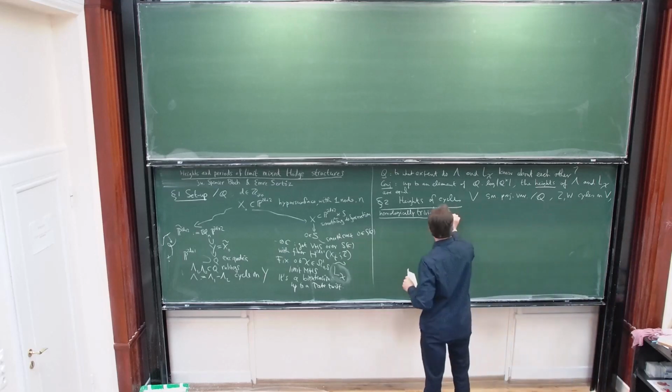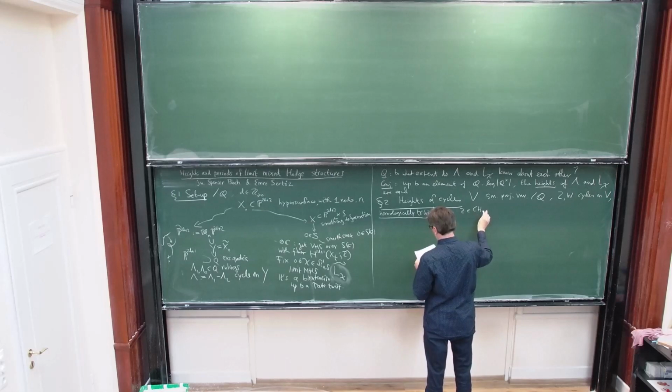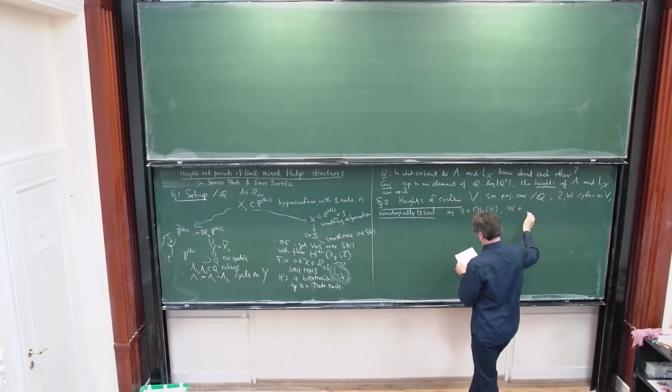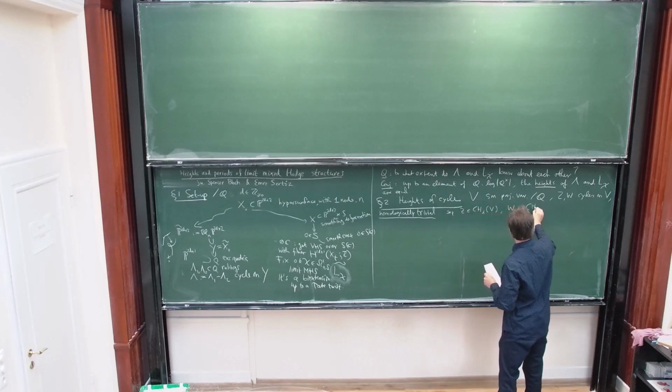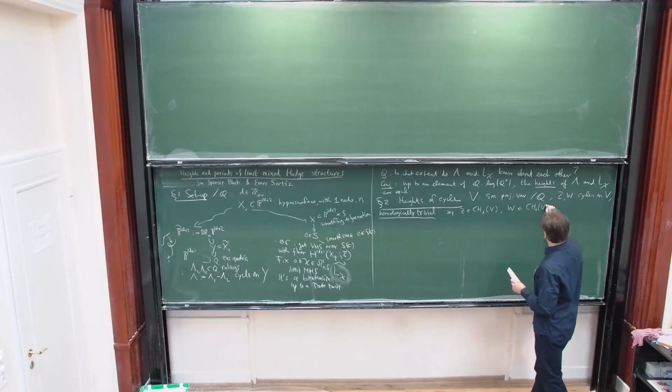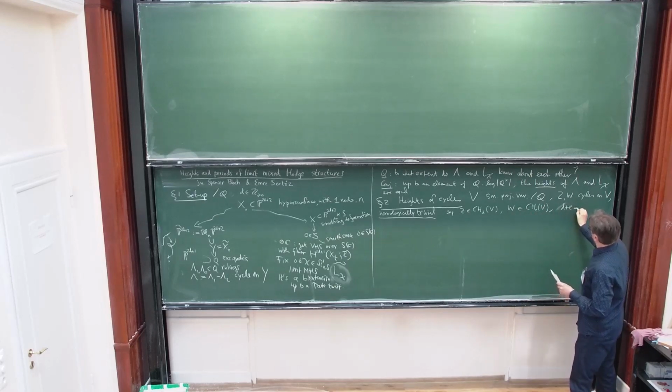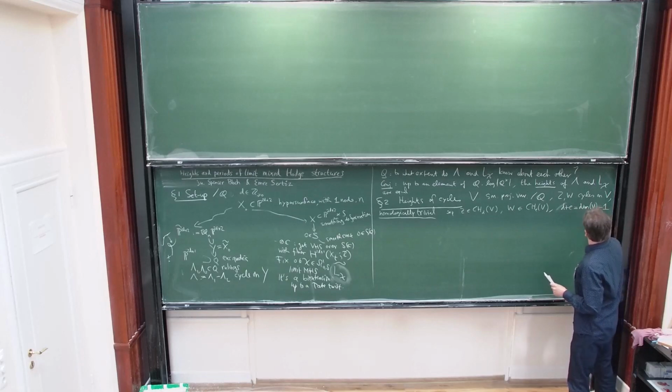So say Z has all its components of dimension D. And for W, let's say that all its components have dimension E. And ask that D plus E is the dim of V minus 1.